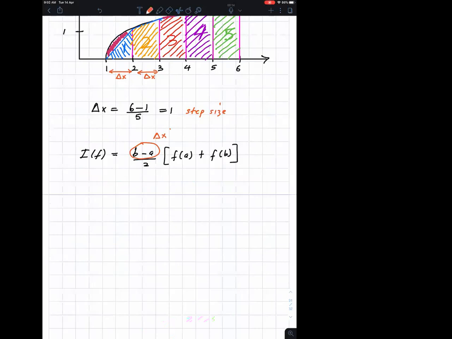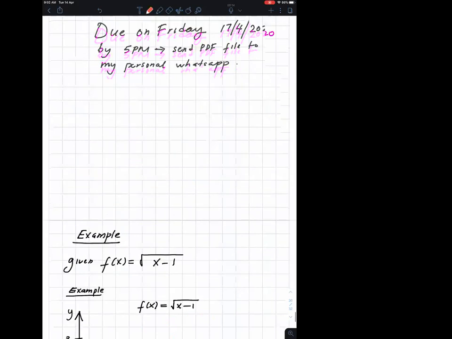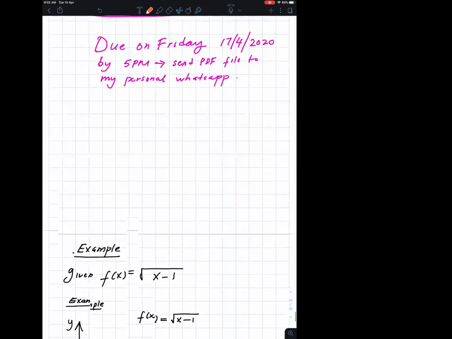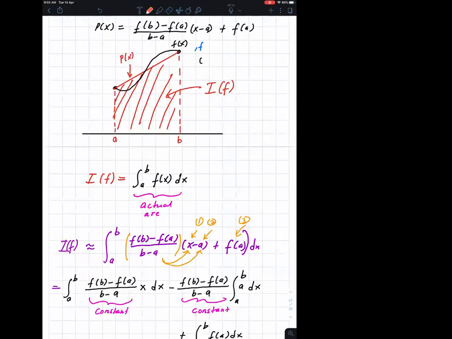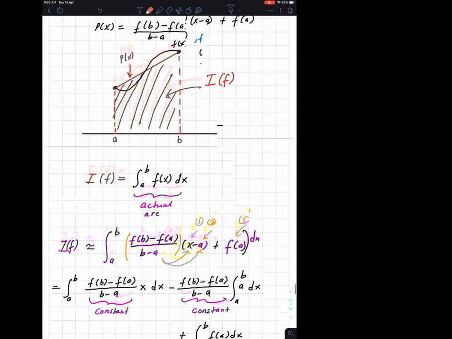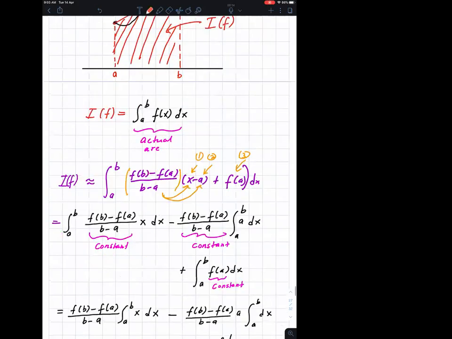In this case, the step size here is different. There's only one segment here, b minus a divided by 1. But the step size below here is different because it's b minus a divided by 5.